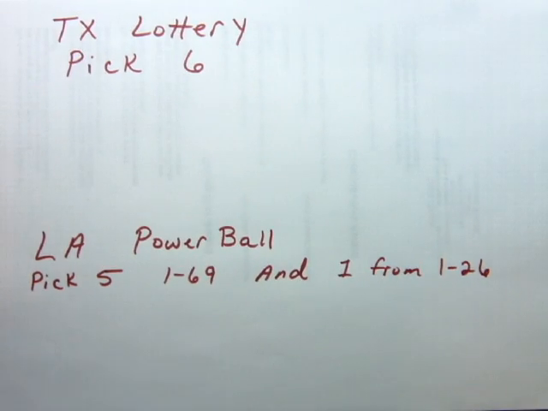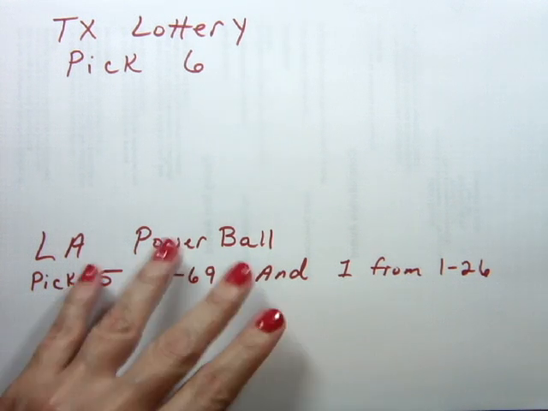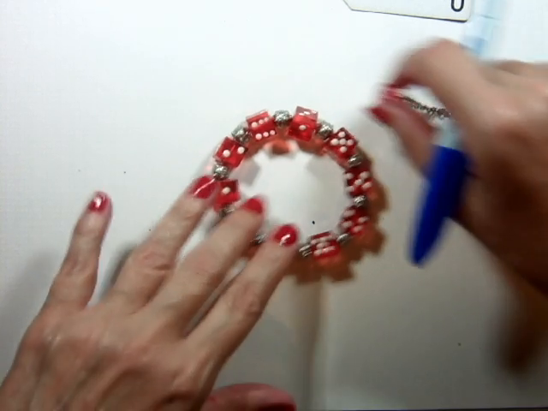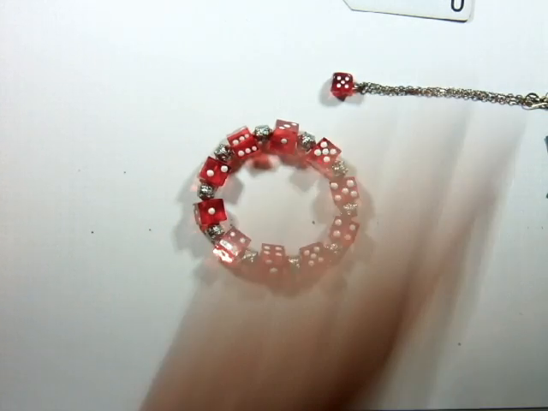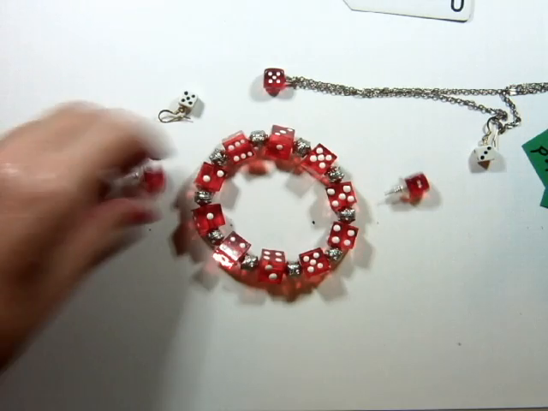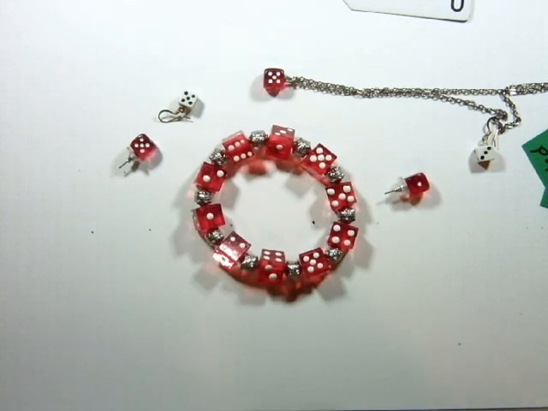Okay? Now, this is kind of one of my favorite things. Actually, I have to tell y'all, before I go on to this, I have to tell you one thing before I forget. I love dice. I have dice bracelet. I have dice necklace. I have dice earrings. All kinds. I have crystal dice in my office. I love the dice.